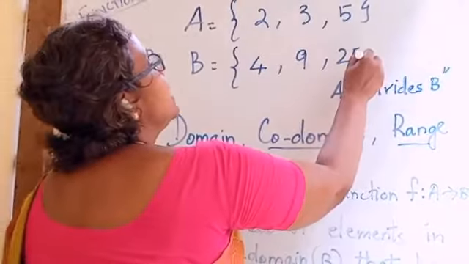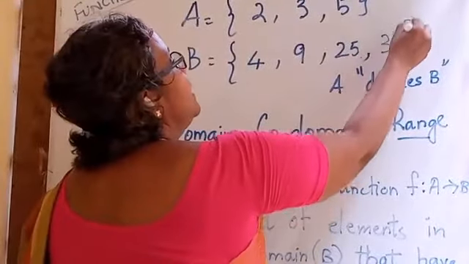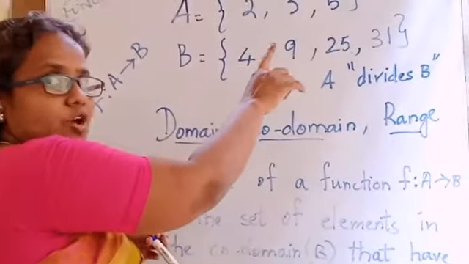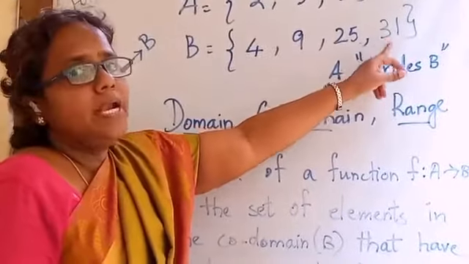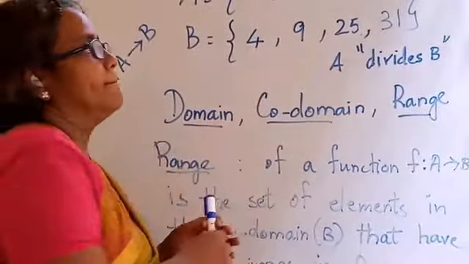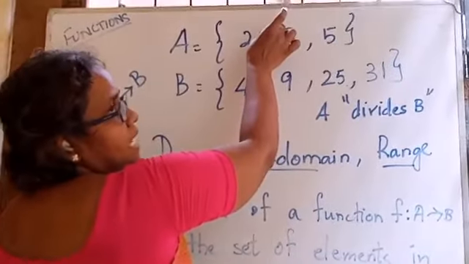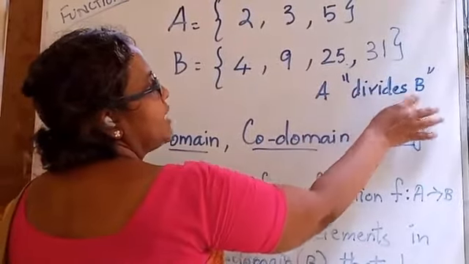Let's consider that I have an element, say 31, here. I have changed the elements of set B, so 31 is now included in set B. Does 31 have a pre-image in set A based on this function, namely a divides b?